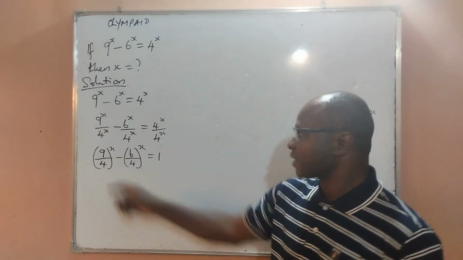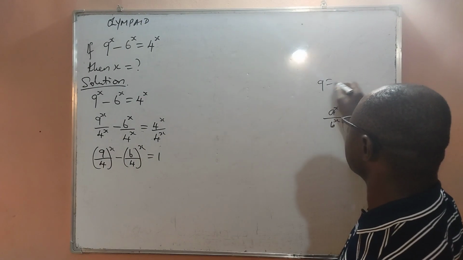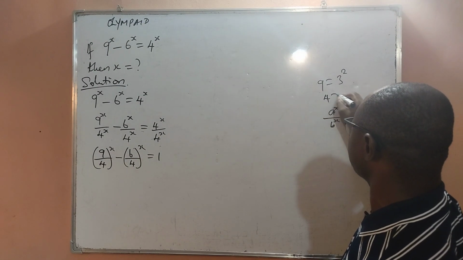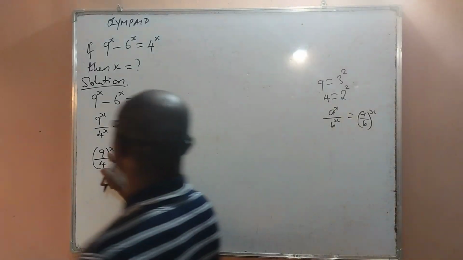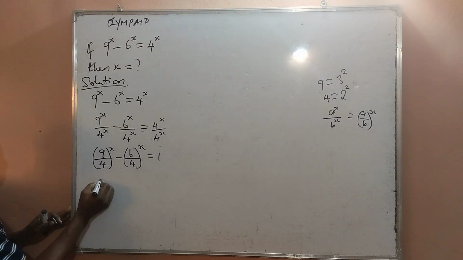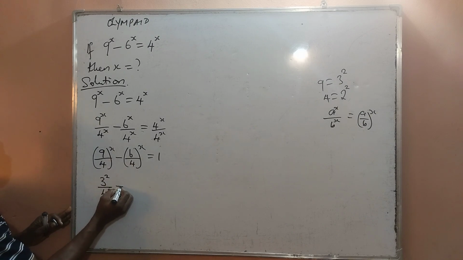Now, if you look at this, 9 is the same thing as 3 raised to power 2 and 4 is the same thing as 2 raised to power 2. That means I can write it here as 3 raised to power 2 all over 2 raised to power 2.